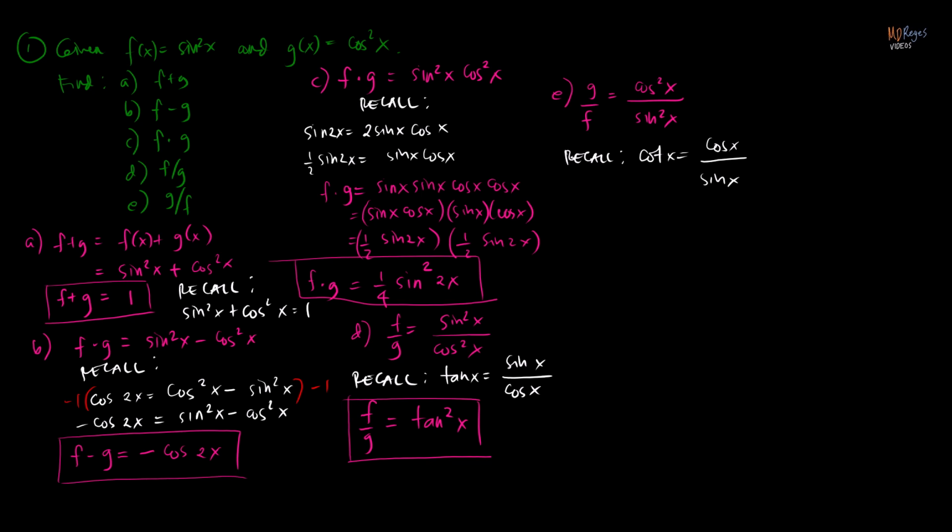Again, squaring both sides of this equation, we'll have on the right side cosine squared x over sine squared x, which is exactly this. And so going back to g over f, that's equal to cotangent squared x when simplified. This is our final answer.